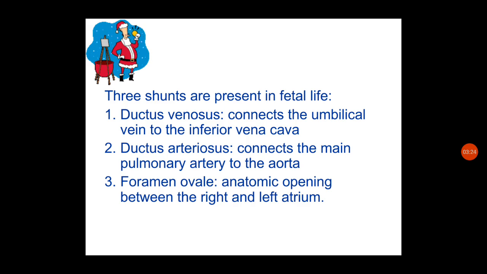The third shunt is the foramen ovale, an anatomic opening between the right and left atrium. These are temporary structures which help in blood shunting.